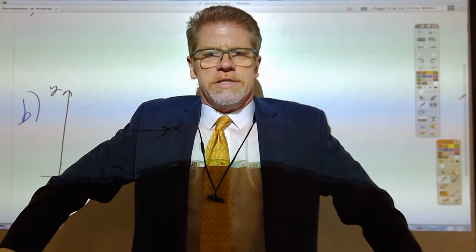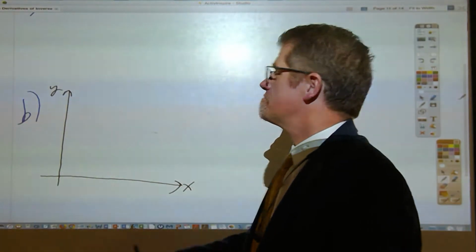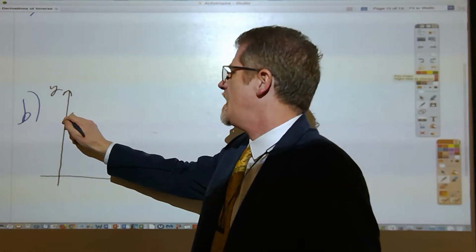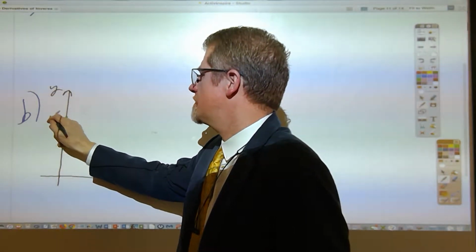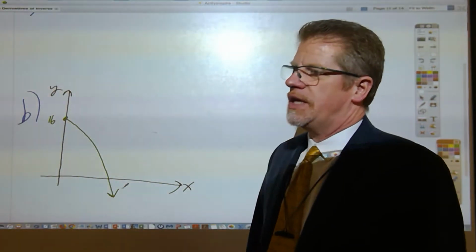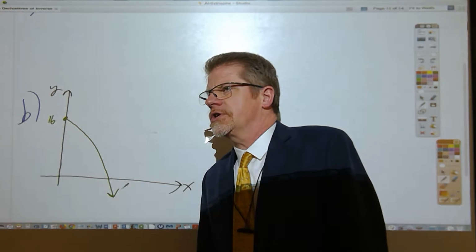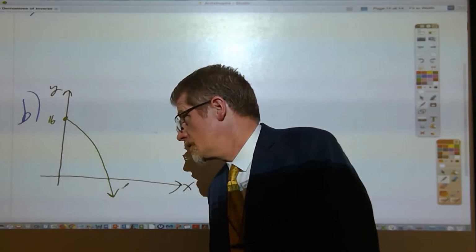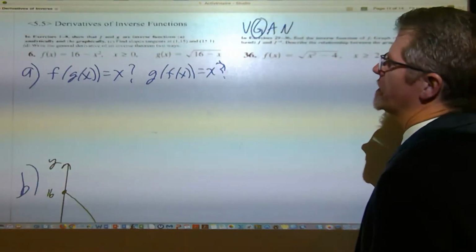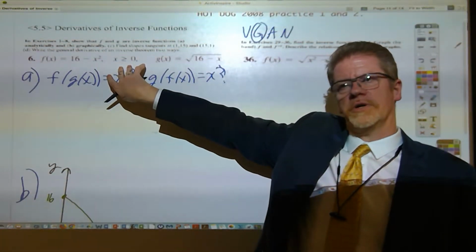I'm going up 16. It's like a parabola. It is a parabola, but it's only the right half of a parabola with a y-intercept at 16. Isn't that what the graph of the, I guess you could call it a semi-parabola, would look like? It's the right half of a parabola. Why only the right half? It's because of that domain restriction. x is greater than or equal to 0.